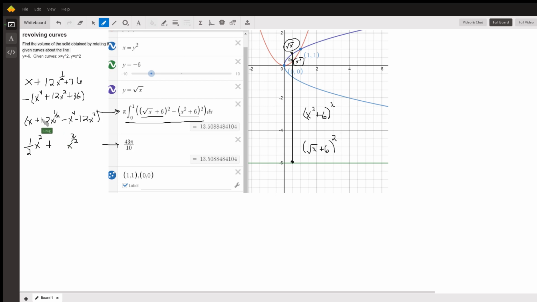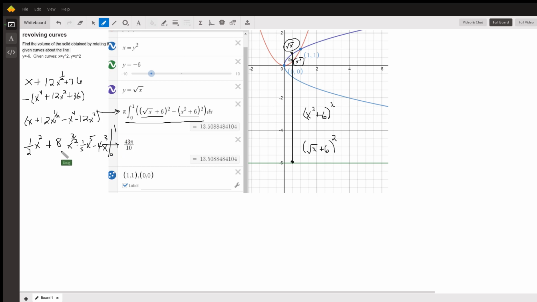So 12 times 2/3 is 8, minus 1/5 x to the 5th and minus 4x to the 3rd. So there's the antiderivative evaluated from 0 to 1.